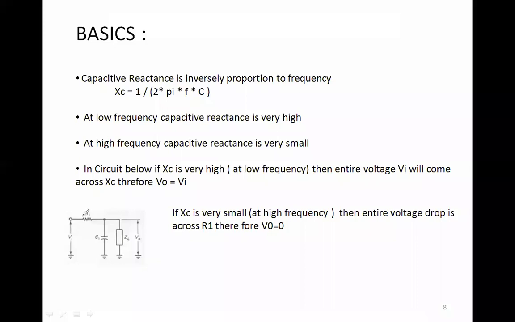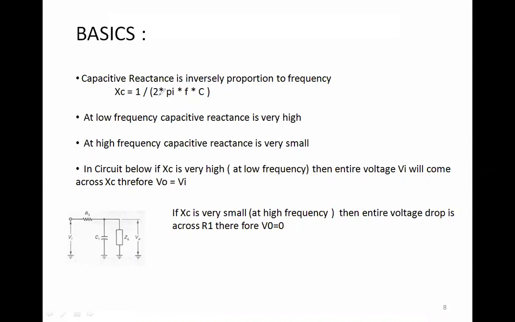Usually at high frequency the capacitive reactance will be small, so it is inversely proportional. So if the capacitive reactance is high, you should consider the first case here. When the capacitive reactance is high, then it is operating at lower frequency. So frequency and reactance are inversely proportional, keep in mind.